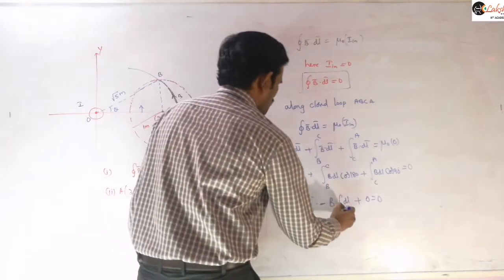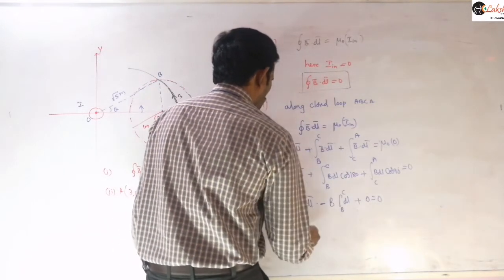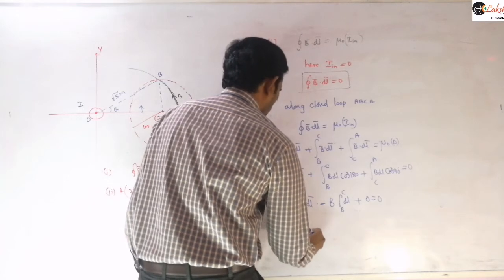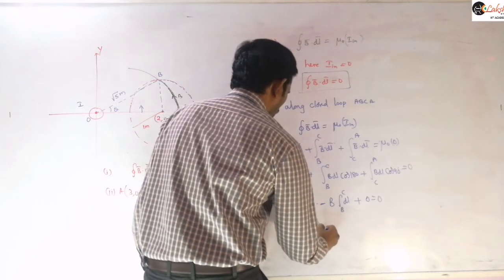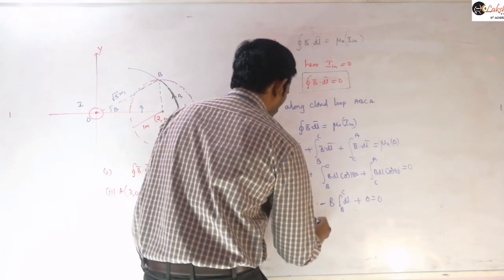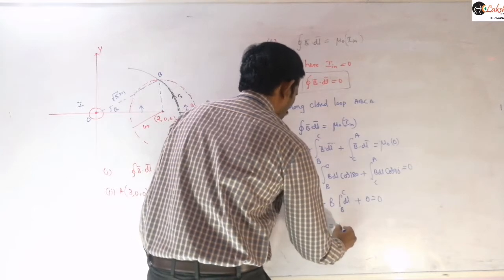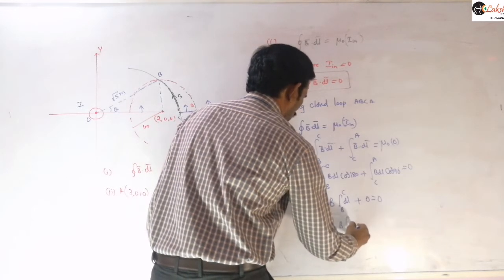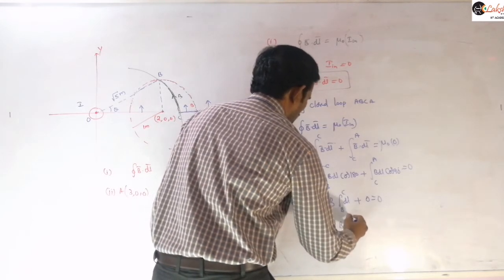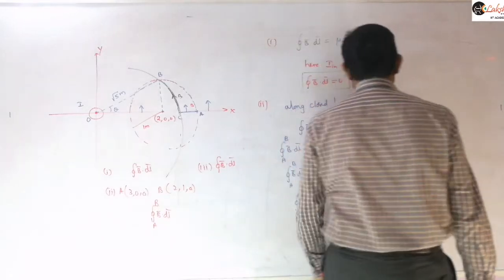So I can write this from B to C. Now the integral of B bar dot dl bar from A to B is equal to B into the integral of dl from B to C. Now we need to write the value of that integral of dl.